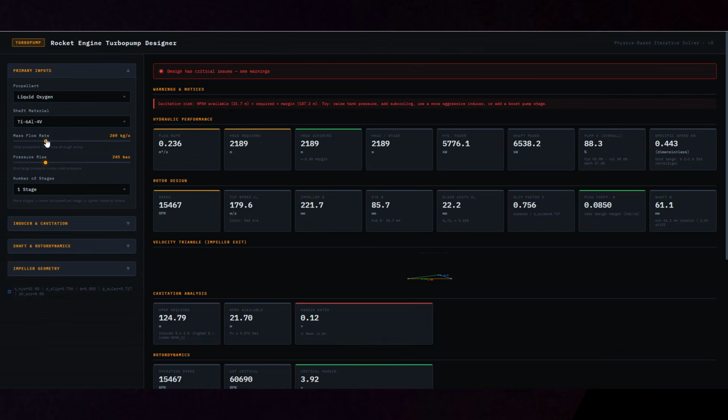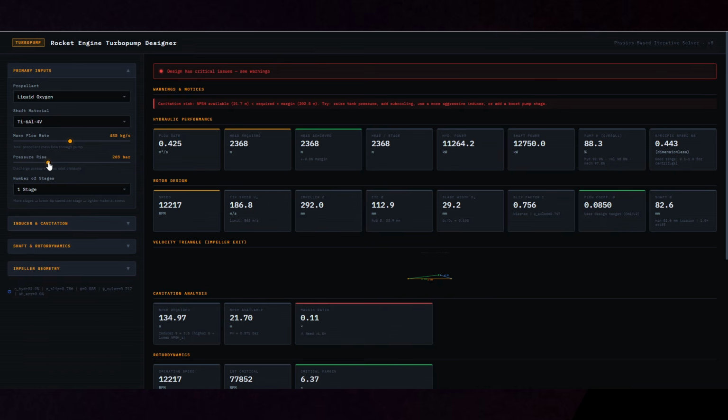And then the mass flow rate. Once you've designed your combustion chamber in RPA, you should have that. You should know how much mass is going through per second for that engine. And then the pressure rise. This also you can get through RPA if you're using the demo version. The pressure rise is between the tank and eventually what you need flowing through the engine.